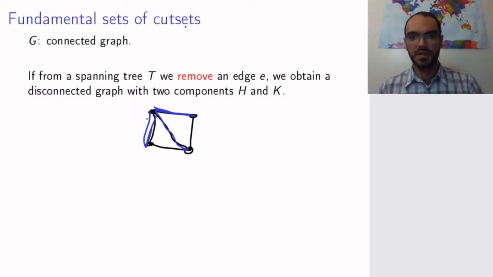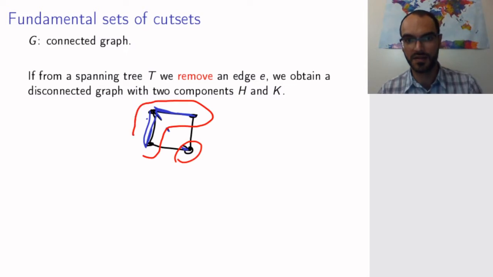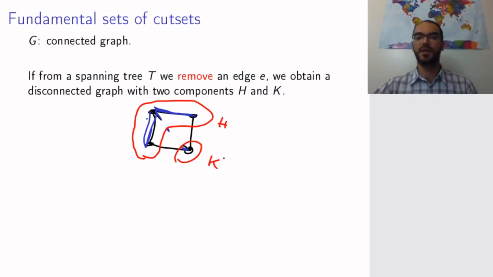So now if I remove an edge, say this edge, then I will have disconnected my spanning tree into two parts, this single vertex and the rest of the spanning tree. So these are my components H and K in my tree.